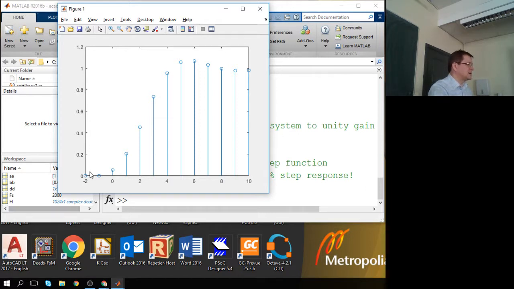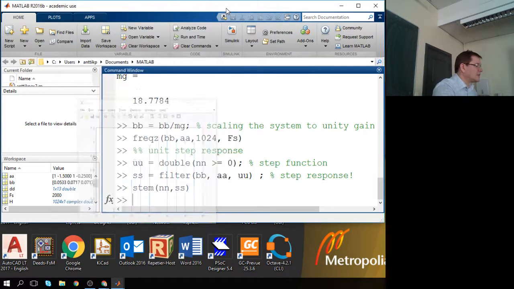So there you can then start figuring out what those are called: the rise time, fall time, settling time, that kind of things. Right. Good.